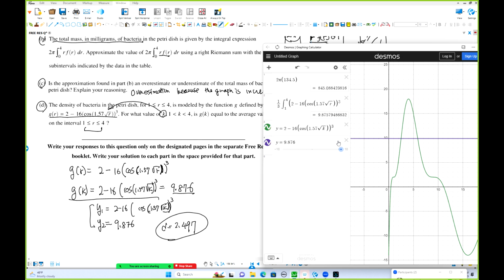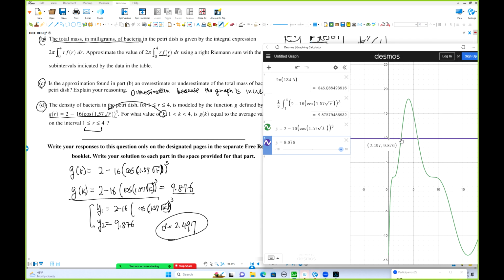This point, y equals 9.x, is the answer. How much? This one, 2.497, that's correct. Are you okay with this over here? That is the intersection, right? When the k value is 2.497. That's correct, okay? I got the wrong number over here.